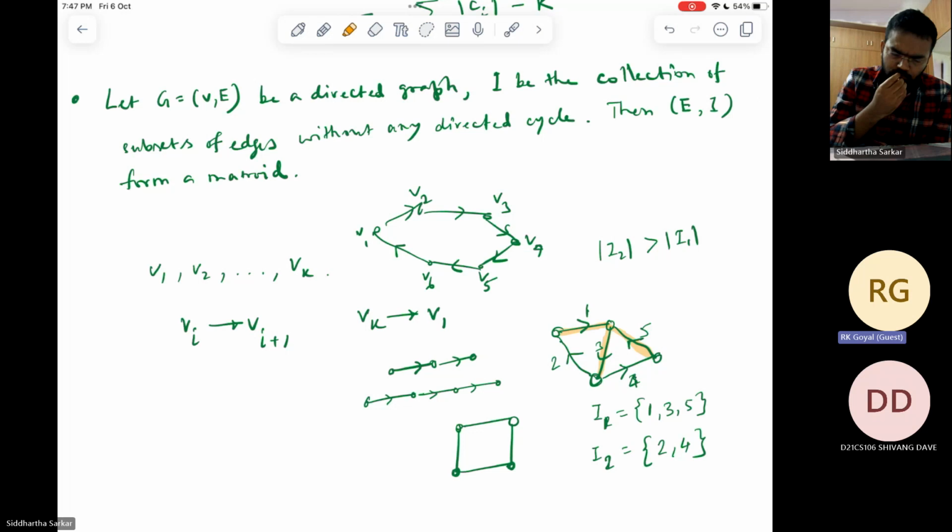Now if I add any of the edges of I2 to I1, say 2 and then 4, either I add 3 or I add 5. Oh, I see. So this is not the right counterexample.